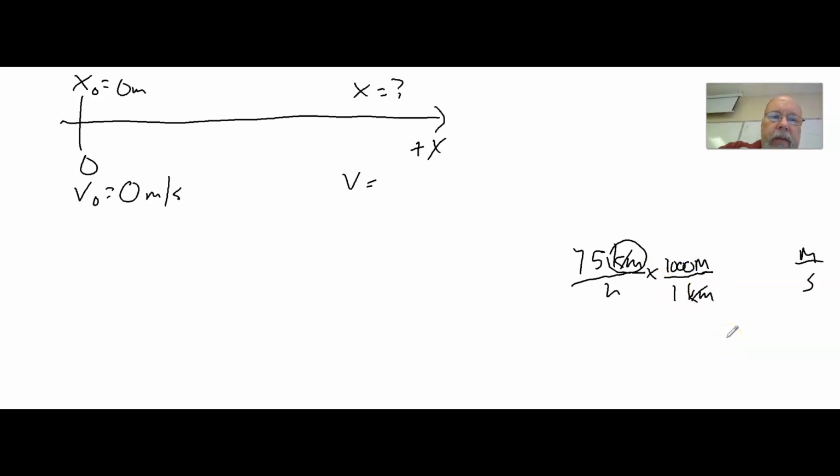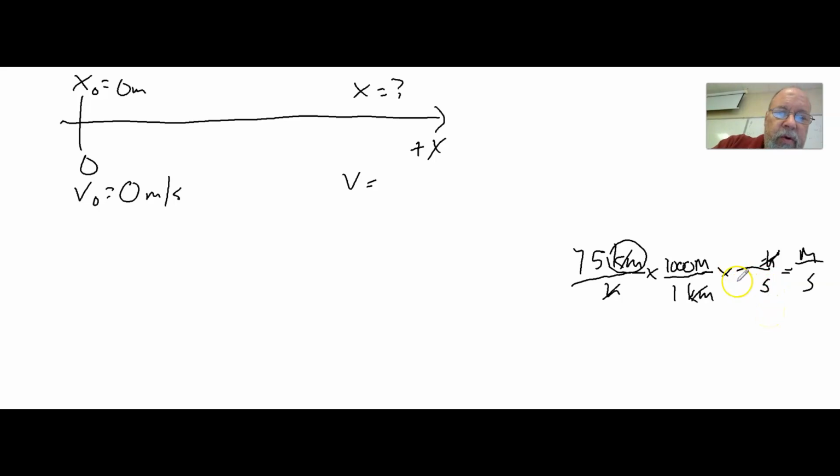Then I want to get rid of hours, so I'm going to put hours on top here, so that'll cancel out. So I just put it on the opposite side, and on the other side I want the unit that I want, so I'm going to put in seconds. That's what I want to create.